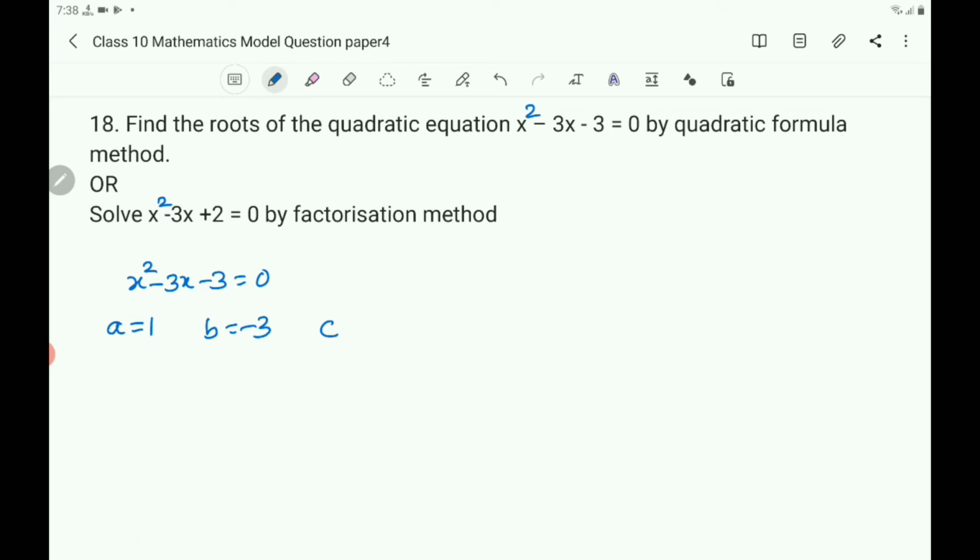And the constant c equals minus 3. Here you got the coefficient of x square, which means 1x square. So we have taken a equals 1, b the coefficient of x, that is minus 3, and c the constant.